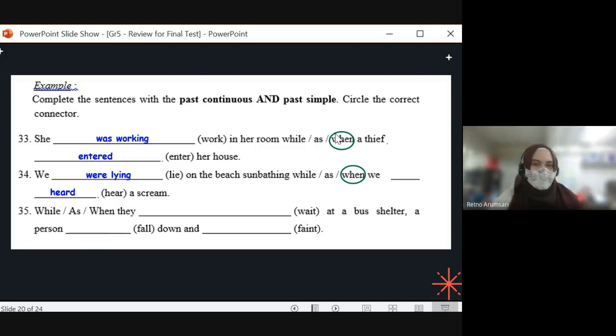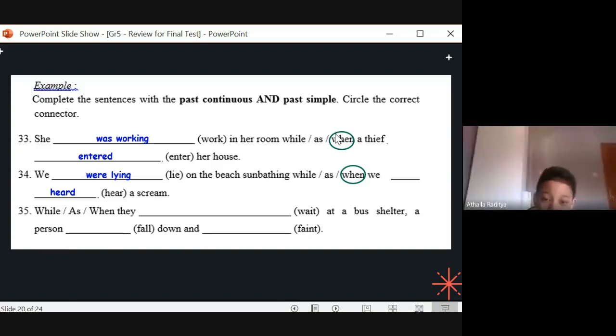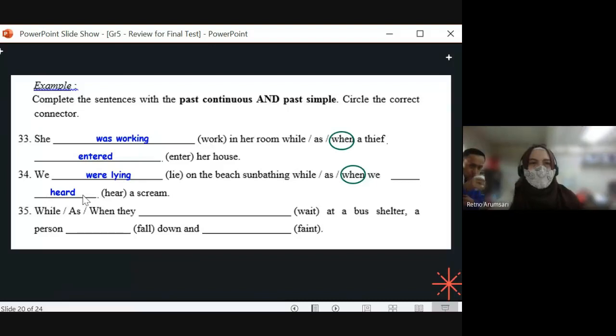Antasena. Yes, miss. Number 35, please. When? Remember what should we choose to begin the sentence?